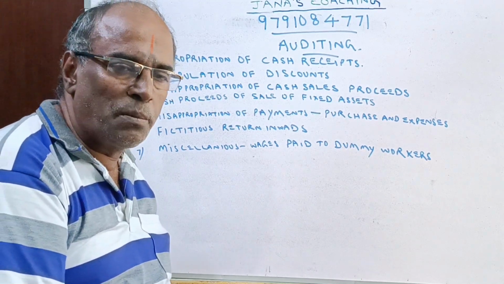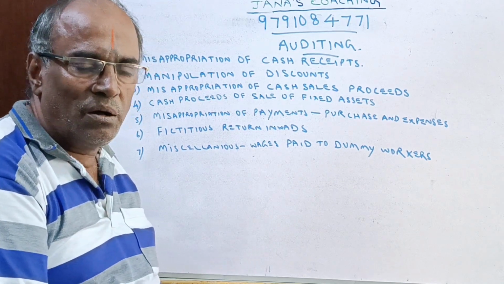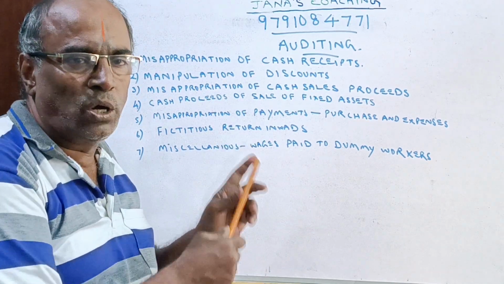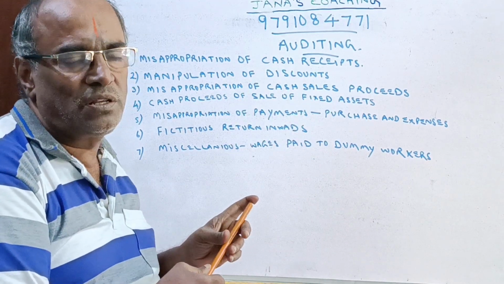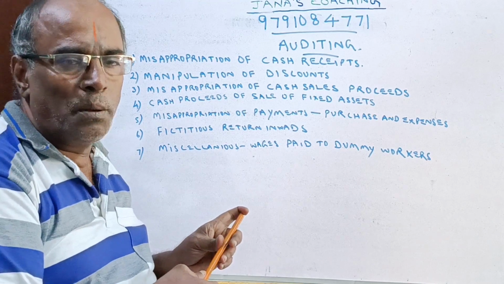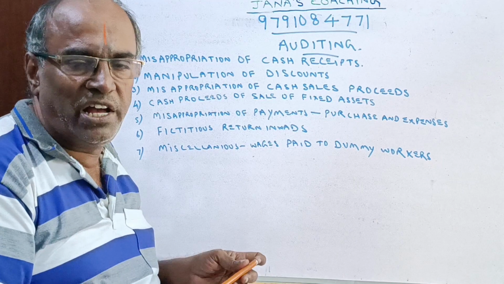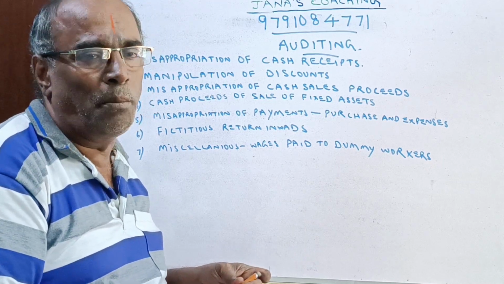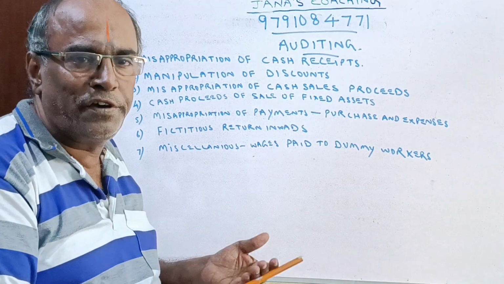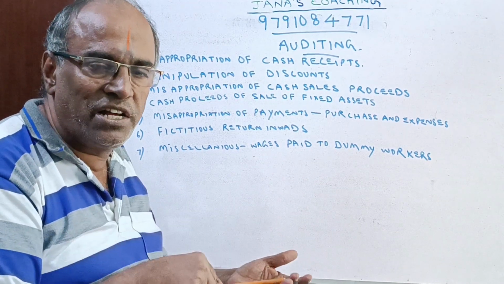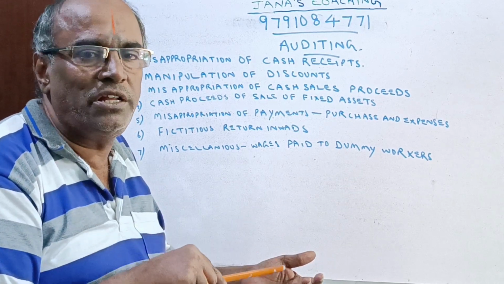So he prepares the receipt for 25,000 for the person who is giving the cash. But in the ledger, he might post the amount as 20,000. The receipt is 25,000, but in the ledger transaction the amount might have been recorded as 20,000.